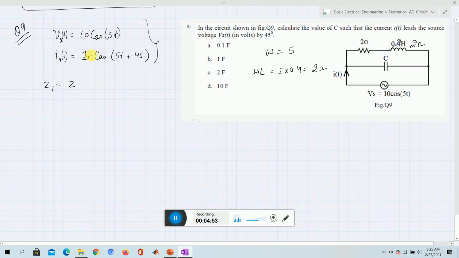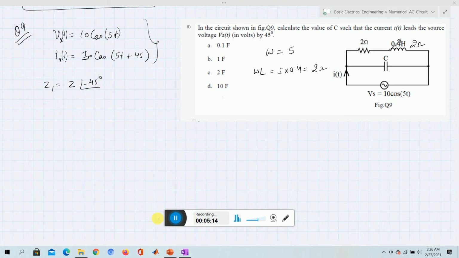Some value of Im we do not know, but the angle is known: the angle of Z is 0 minus 45, so minus 45 degrees.